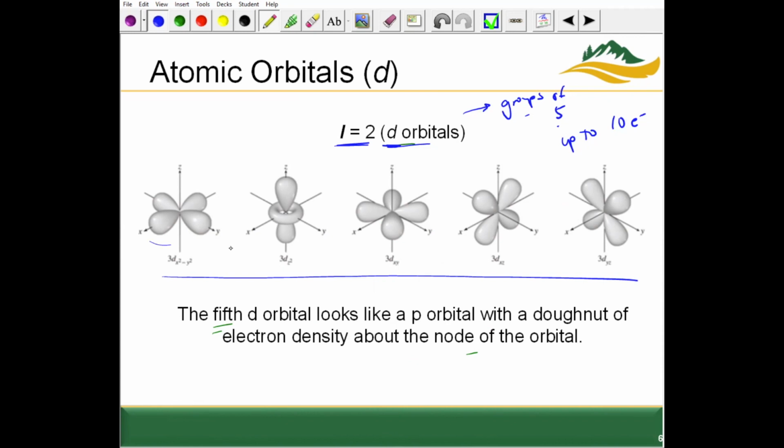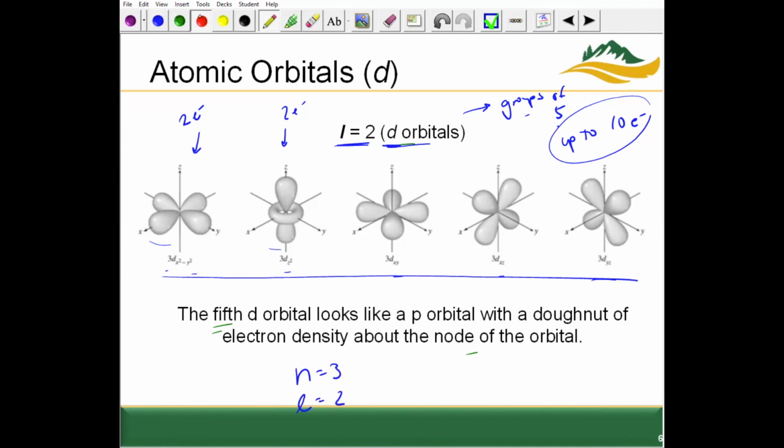In this case, you can't remember it as how many lobes is how many possible electrons, because just this one orbital can hold up to 2 electrons, but there are 4 lobes. This one, up to 2 electrons, etc., for a total of up to 10 electrons for these 5 d-shaped orbitals. So for all of these examples, we have n equal to 3 and L is equal to 2.